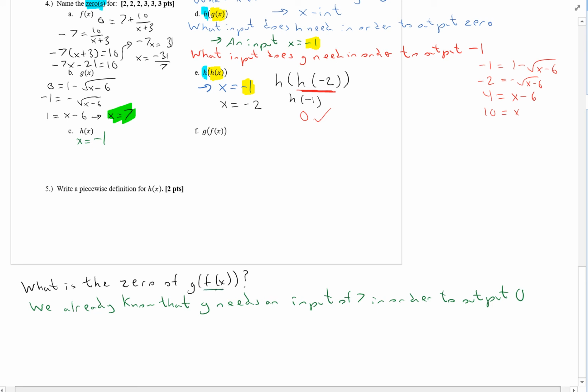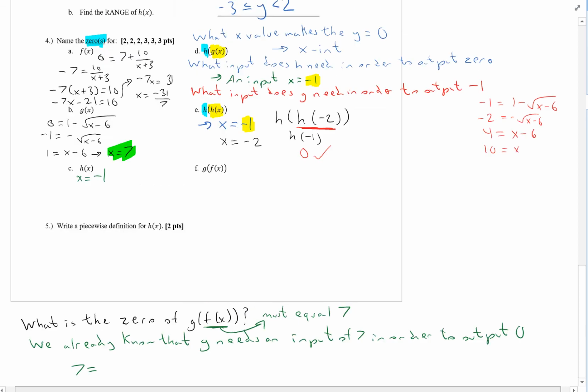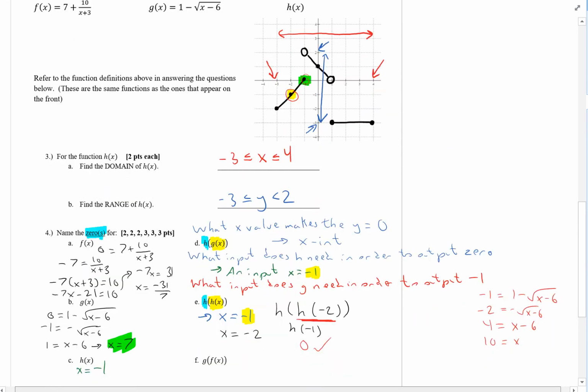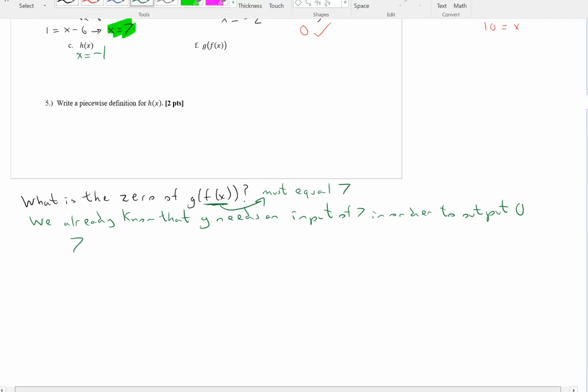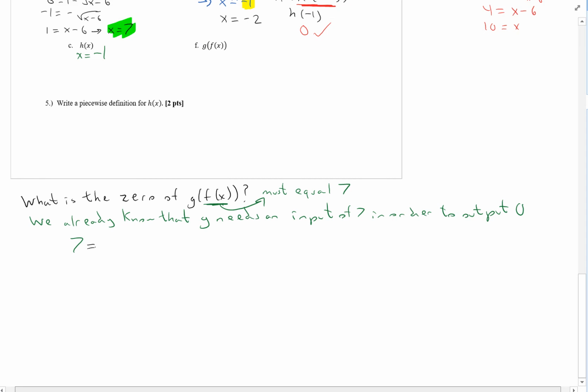So that means that this thing must equal 7. So now we can plug in 7 for f of x and say 7 equals, let's plug in that 7 for f of x. What x value does f of x need to output 7?